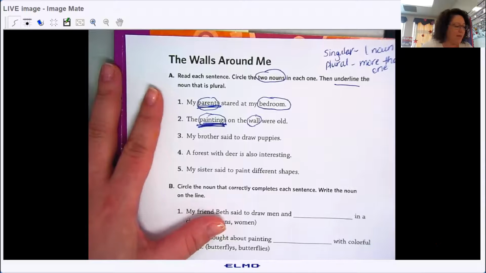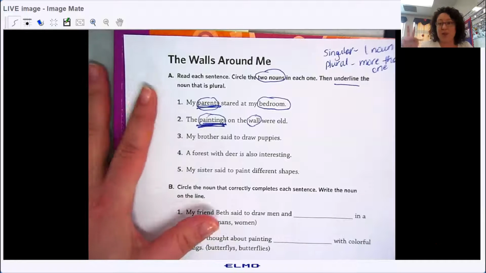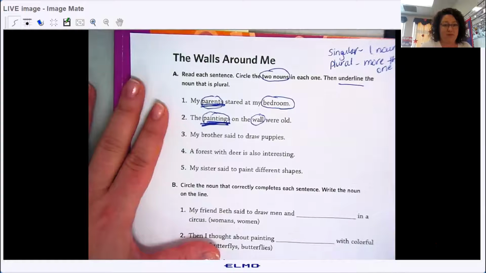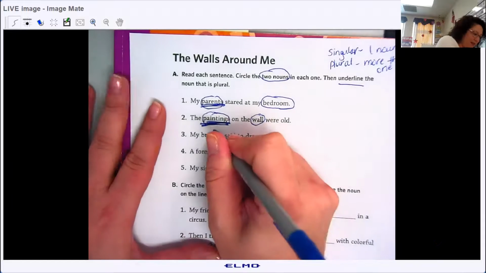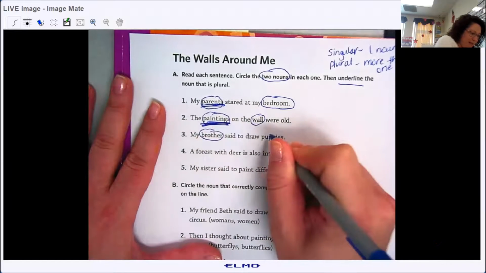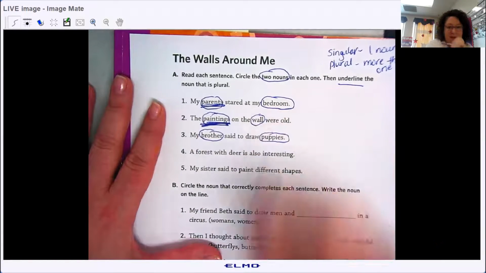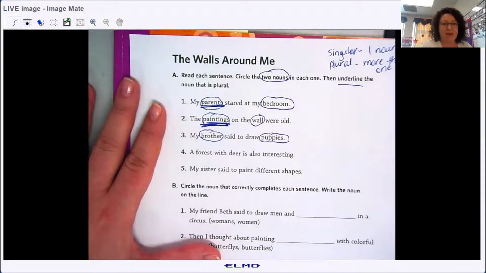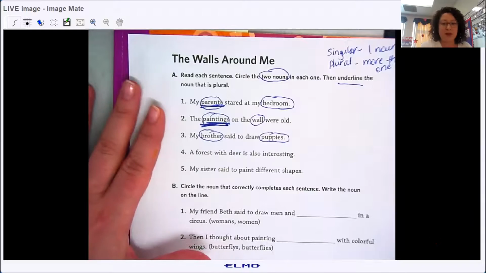Okay, number three. My brother said to draw puppies. Circle the two nouns, the two, person, place, thing, or animal. Brother is a person. Puppies is an animal. And which one is more than one? Which one is plural?